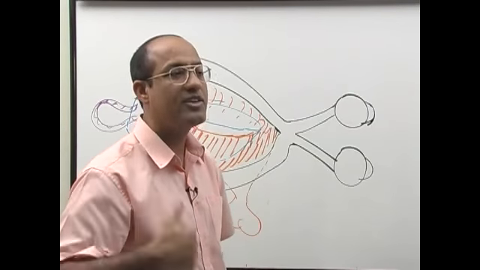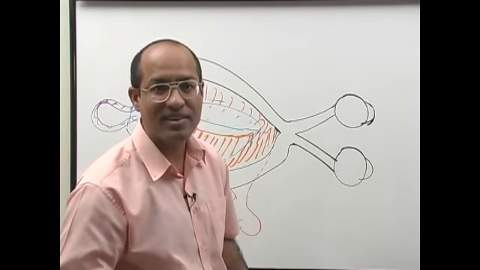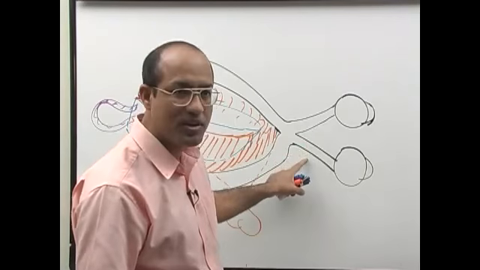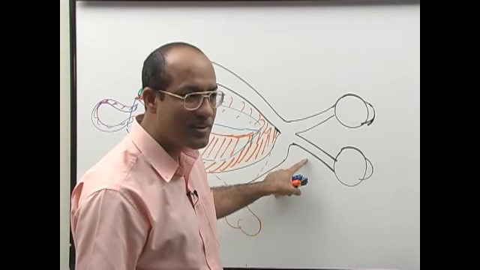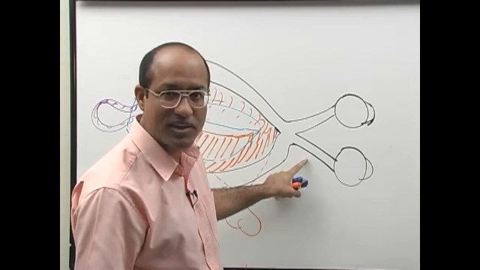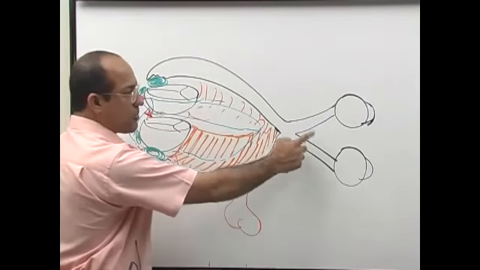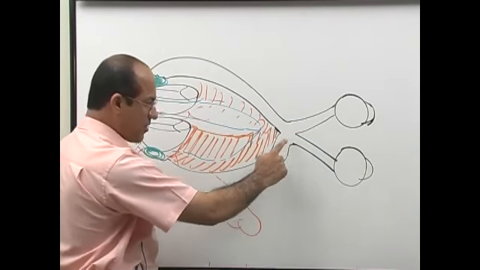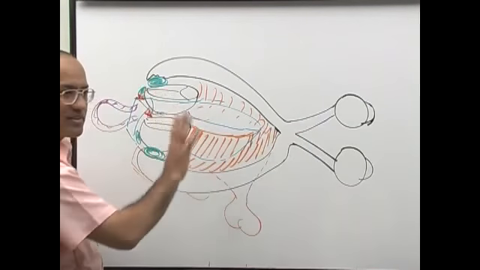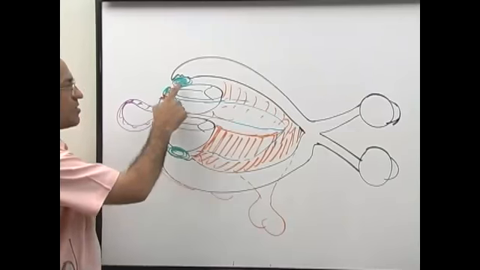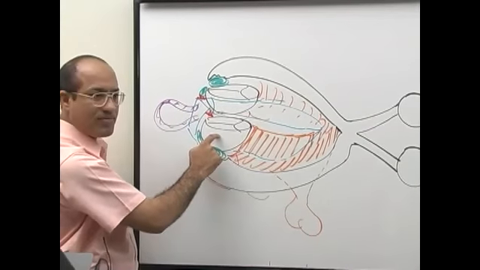It only involves the central white matter and tracts. That disease can also involve optic nerve. Is that right? So derivatives of diencephalon: optic nerve, chiasma, optic tracts. Is that right? Then there are dorsal thalami.